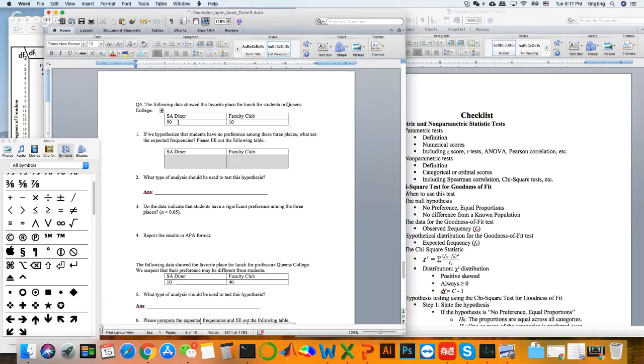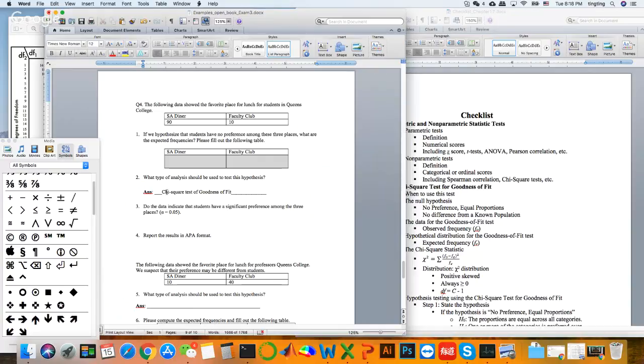Because we just have one sample, and it's a frequency distribution, this is the goodness of fit. You cannot just write chi-square.